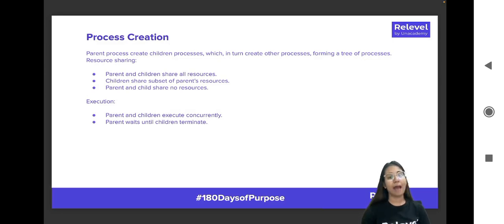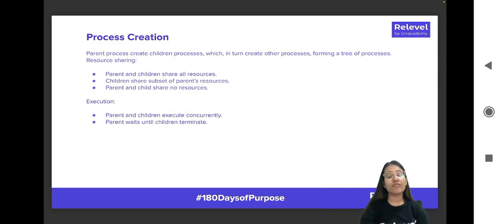Now, to prevent the situation of runaway children, where the child is taking all the resources of the parent and the parent is getting nothing at all, child processes usually should be limited to a subset of the resources originally allocated to the parent.